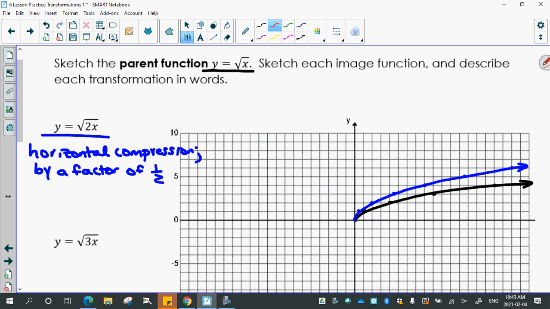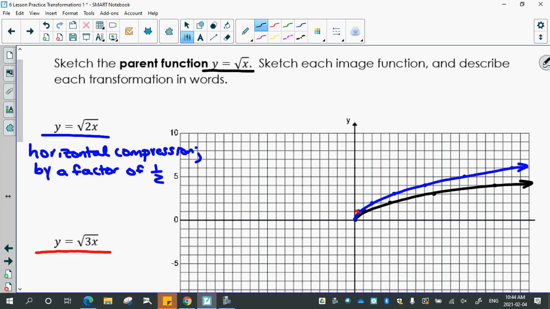All right, so based on that, what do you think y equals square root of 3x is going to look like? Over 1/3 of 1. Yes. We're going to go over 1/3 of 1. So 1/3 is maybe here. Normally our next over is 3.